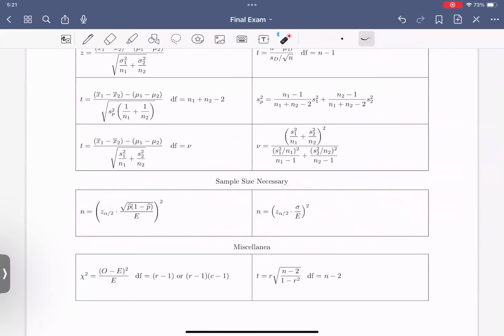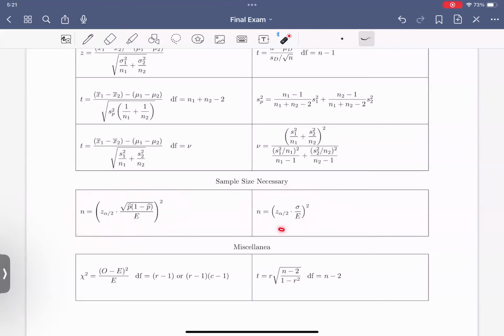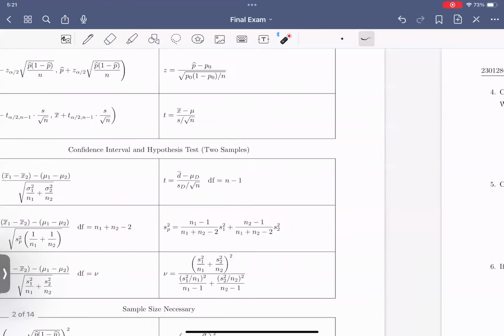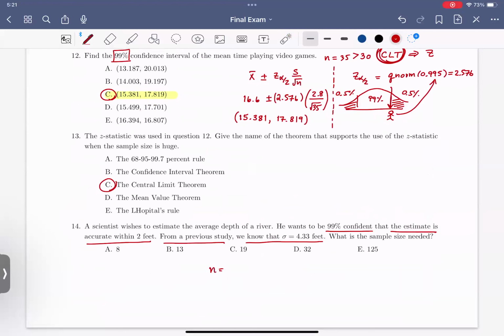You have formula number one and formula number two here. Formula number one is for the proportion. Formula number two is for the mean. So in this case, you're going to use n equal to C alpha over 2 times sigma over E, squared. And then you just need to plug in everything.